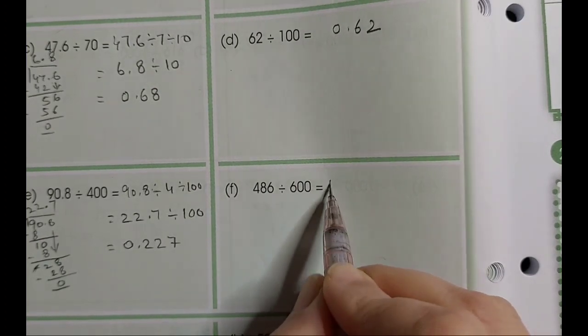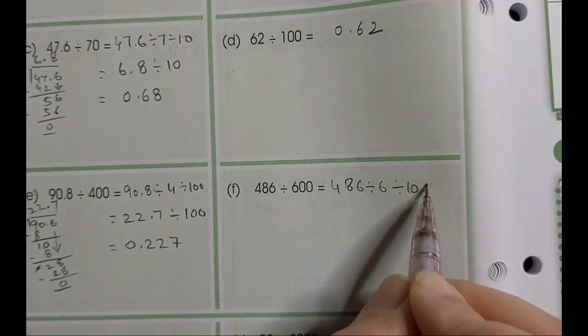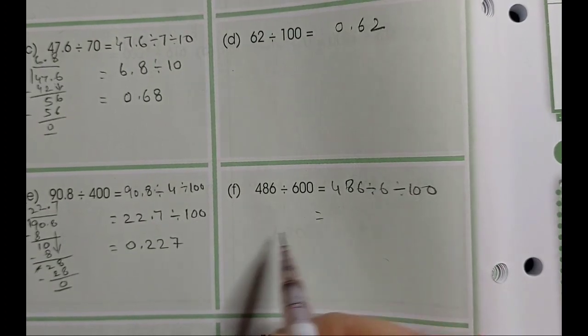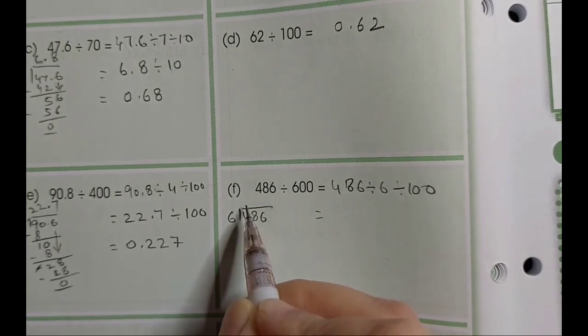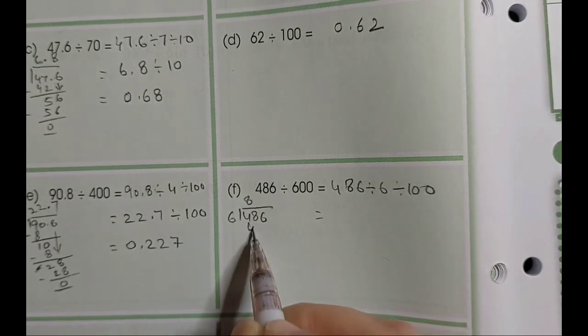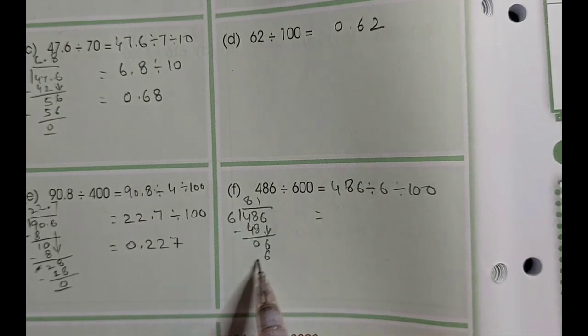Now part F is 486 divided by 600. So what will we do? 486 divided by 6 and then divided by 100. 486, and then 6 8s are 48. Okay, 0, 6 carry down, 6 1s are 6.